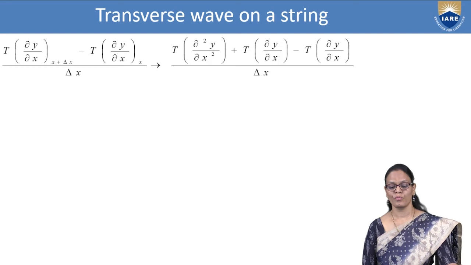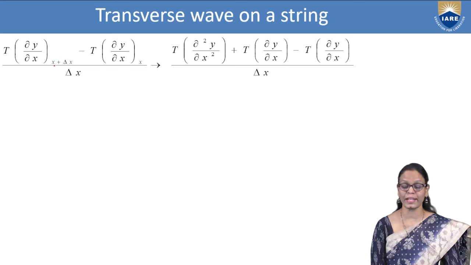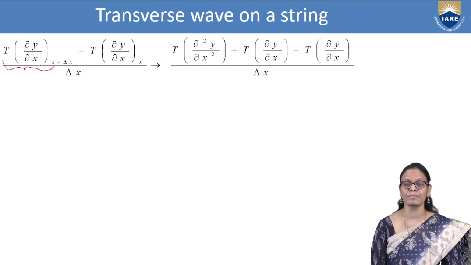Now we are going to simplify the expression. We have T ∂y/∂x at x plus Δx minus T ∂y/∂x at x. When we expand this term, what do we get? T ∂²y/∂x², because it is ∂/∂x of ∂y/∂x, plus ∂y/∂x. So we have two terms.